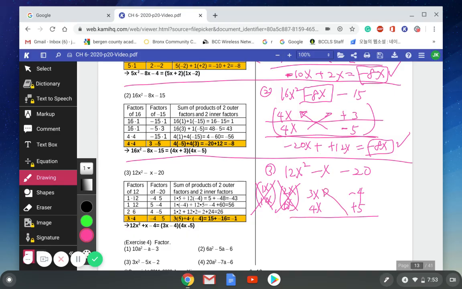When I cross multiply, you get negative 15x, positive 15x. When I cross multiply this, you end up with negative 16x, which is negative x. So a combination would be this 3x minus 4 with a 4x plus 5. So again, you have to keep practicing, trial and error.